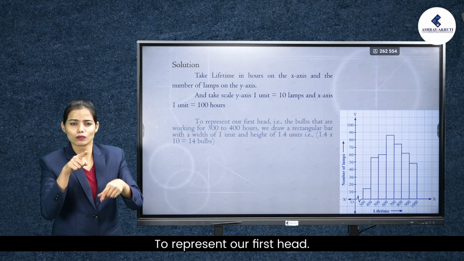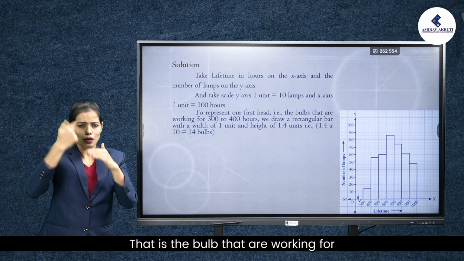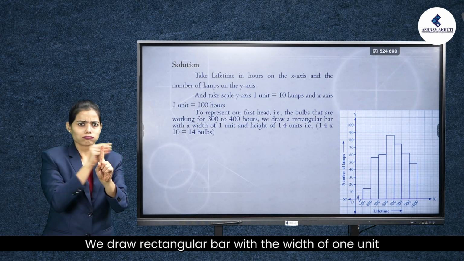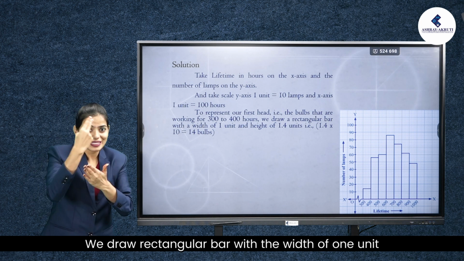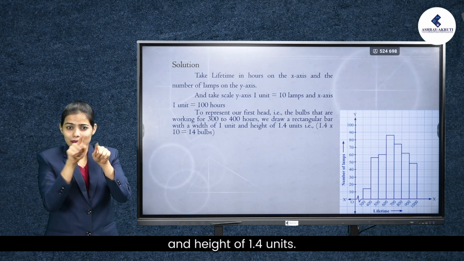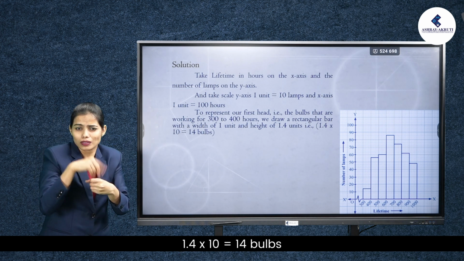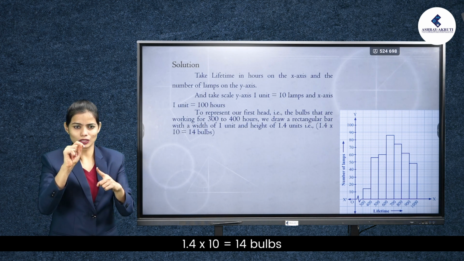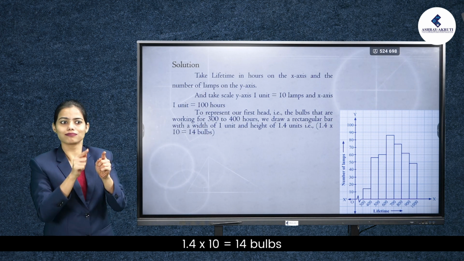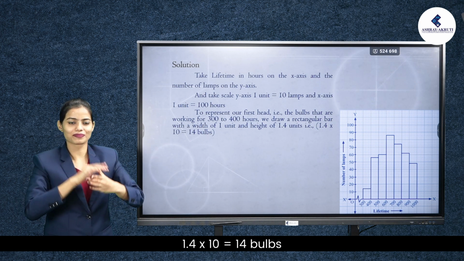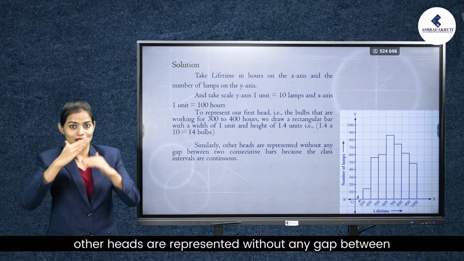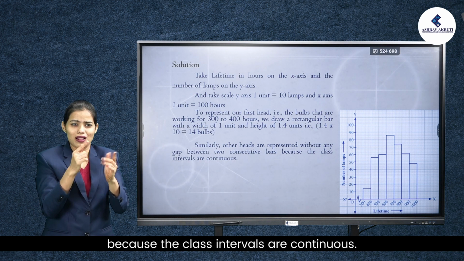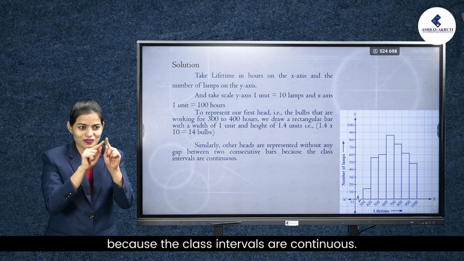To represent our first head, that is the bulbs that are working for 300 to 400 hours, we draw a rectangular bar with a width of 1 unit and a height of 1.4 units, that is 1.4 into 10 is equal to 14 bulbs. Similarly, other heads are represented without any gap between two consecutive bars because the class intervals are continuous.